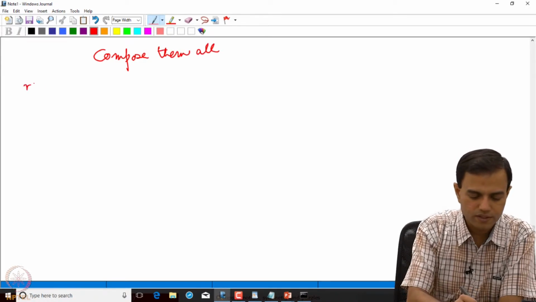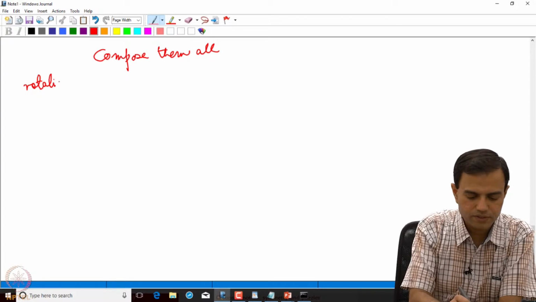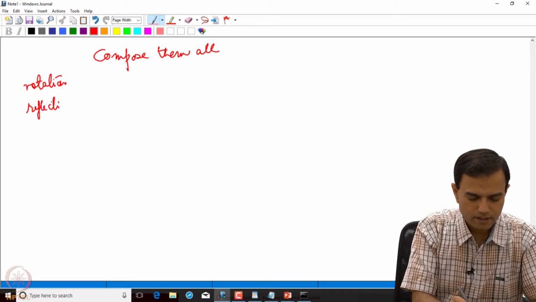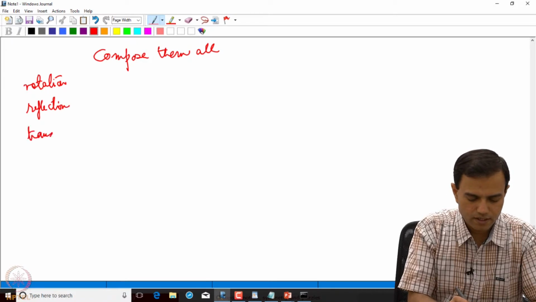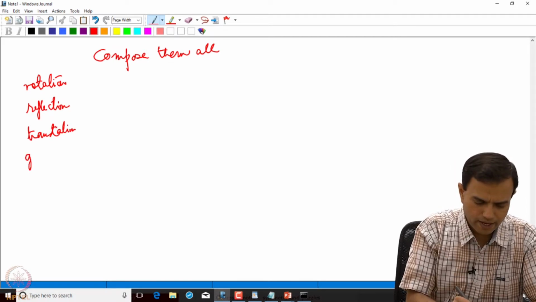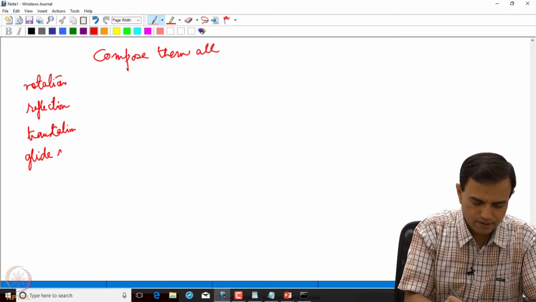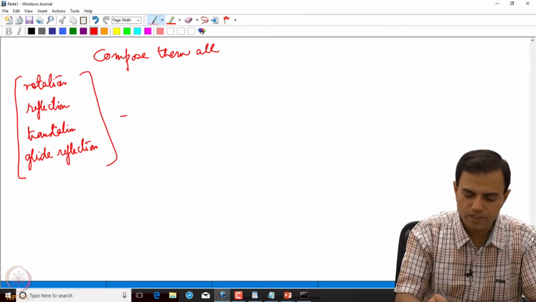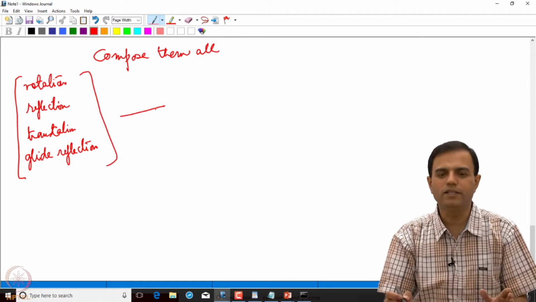So, which ones? Rotation, reflection, translation and glide reflection. Compose them all. So, there could be some more complicated things.